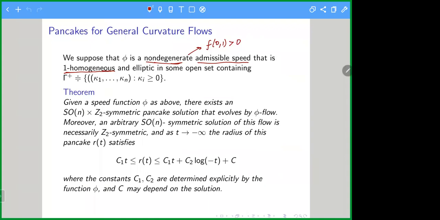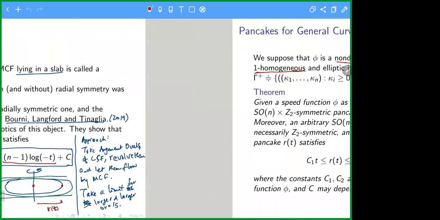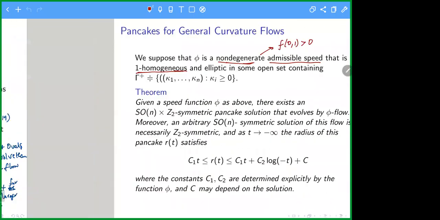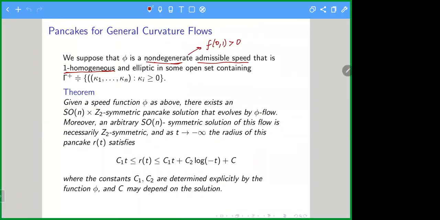I take limits of these things as the ovals get bigger and bigger, do the Arzela-Ascoli argument, and I am able to show that these objects exist. Uniqueness is more delicate. I'm not able to show uniqueness yet. That's something I'm working on.